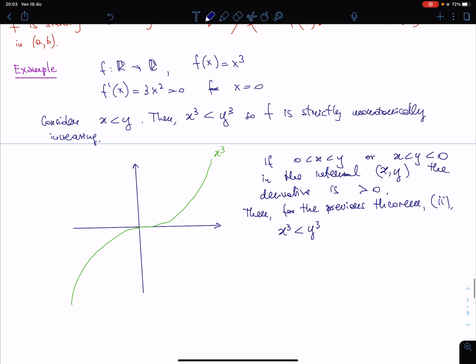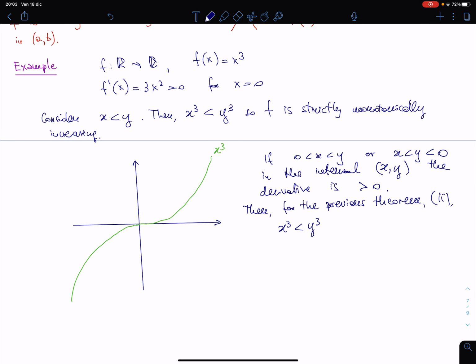So the only case missing now, the only case we have to cover is the following. If x is negative and y is positive, then also x cubed is negative and y cubed is positive. So f of x less than f of y.